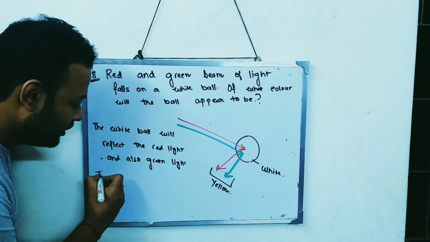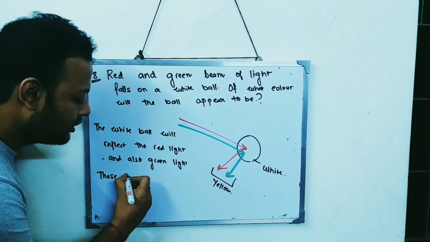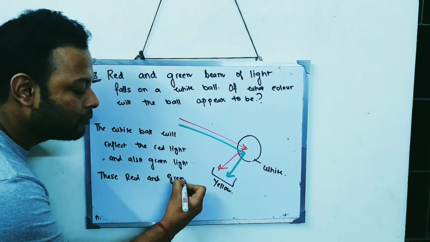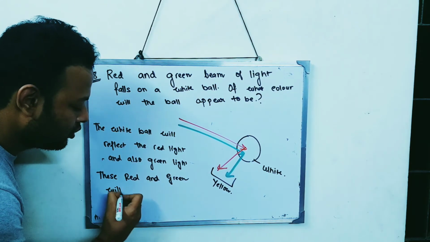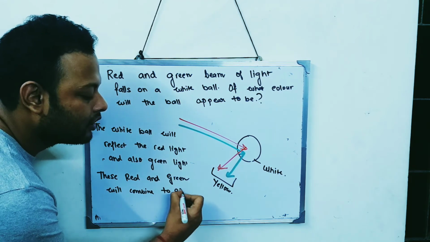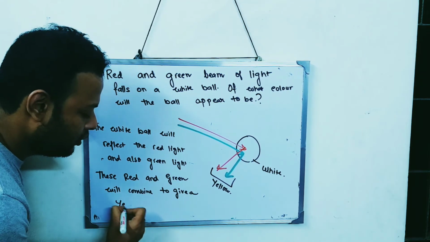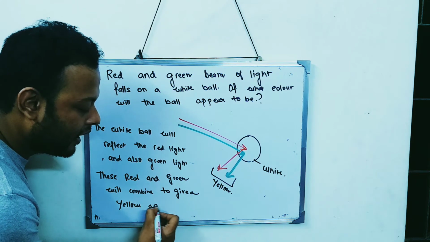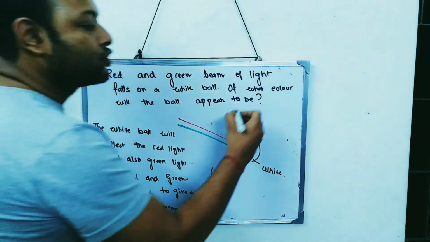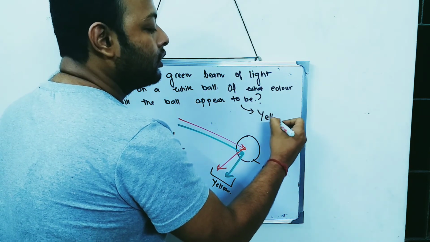This red and green will combine to give a yellow appearance. So the answer is, it appears to be yellow.